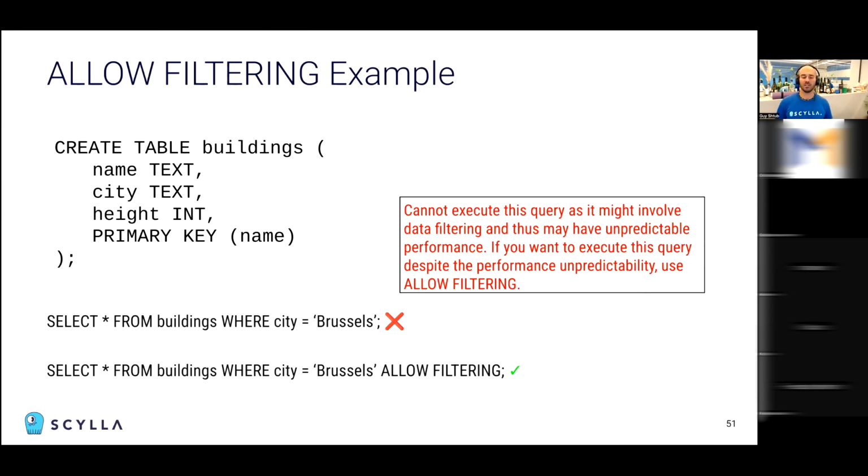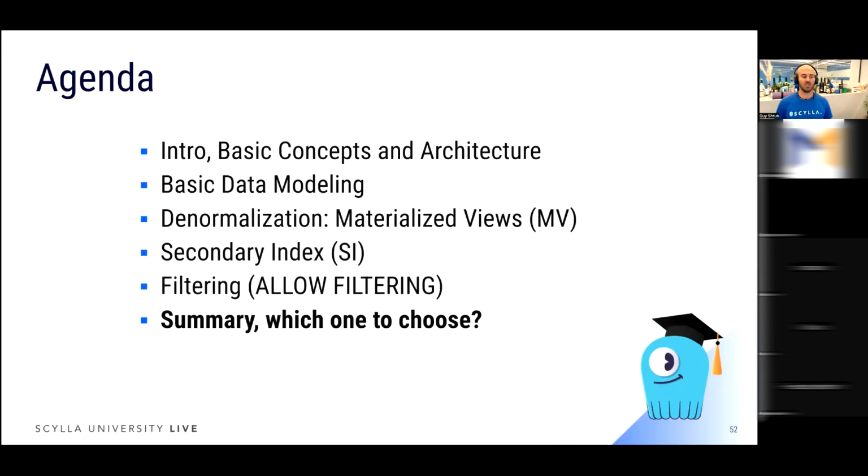We don't know where our data is. It can take a lot of time. Okay, so when should we use each? And I hope this is also going to answer the questions that we just saw.